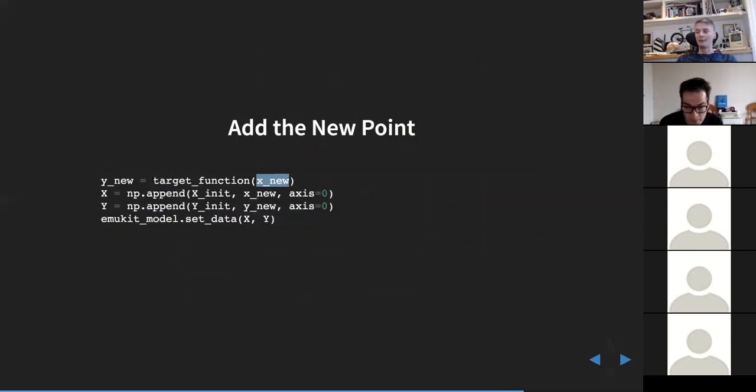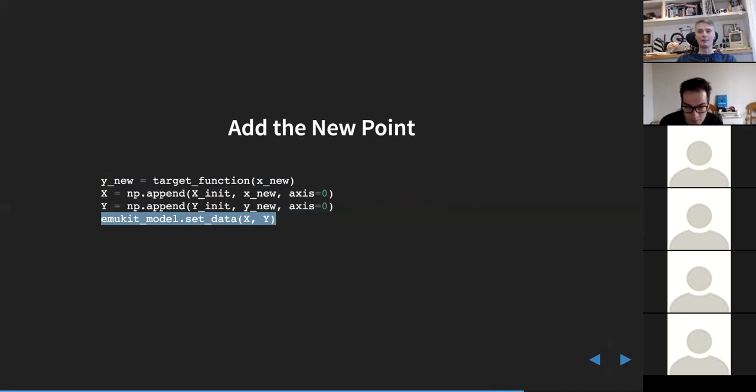And here we're calling the target function, which is the Forrester function. But in general, that might be a simulation or a climate model or something else. And we're getting the new observation out. And then in this case, this little bit of code is just appending that new observation to the surrogate model. And then that surrogate model is stored as the EmuKit model, and we're just resetting the data for that. So that's handling the model updating in this case.